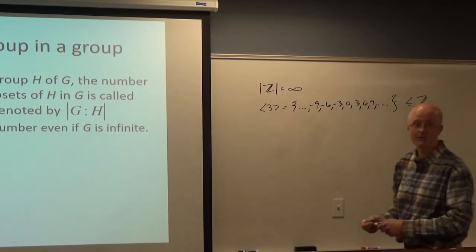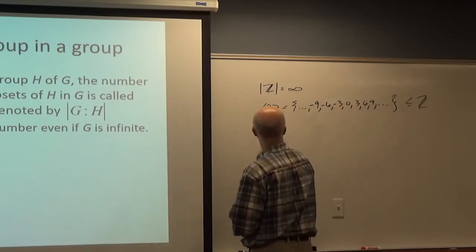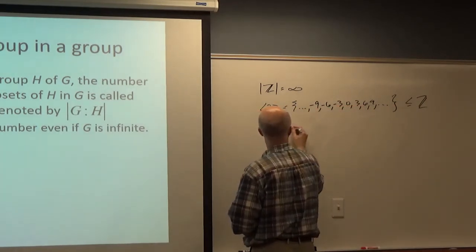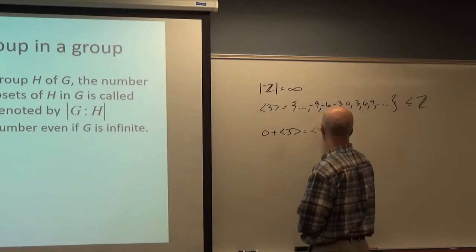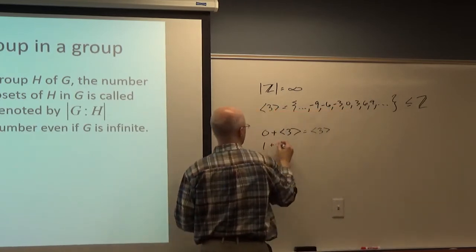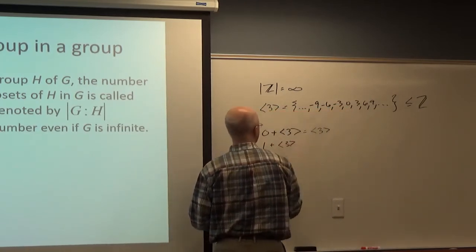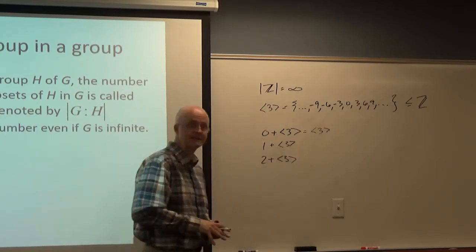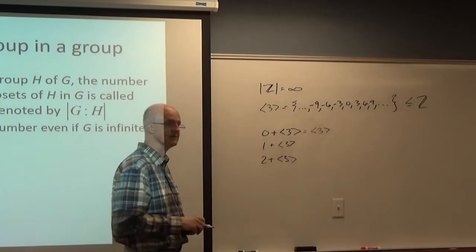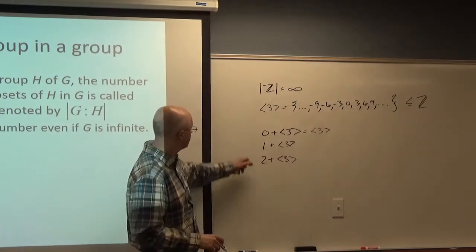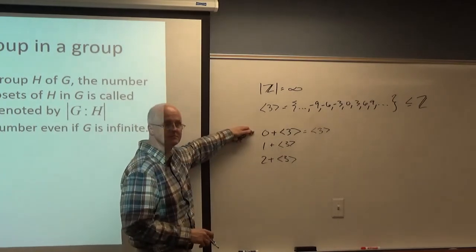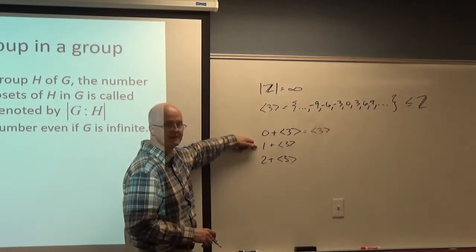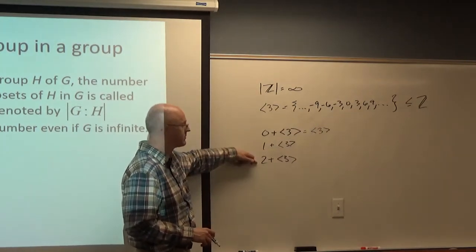What are the distinct cosets? The distinct cosets are 0 plus the subgroup, which is the same as the subgroup, 1 plus the subgroup, and 2 plus the subgroup. 3 distinct cosets. 3 plus the subgroup would get you back to the original. 4 plus the subgroup would get you back to this one. 5 plus the subgroup would get you back to this one.